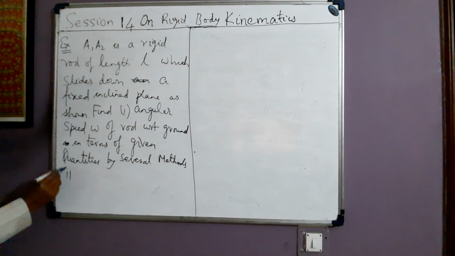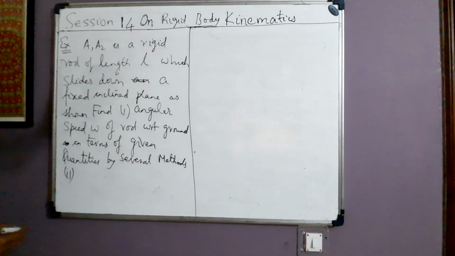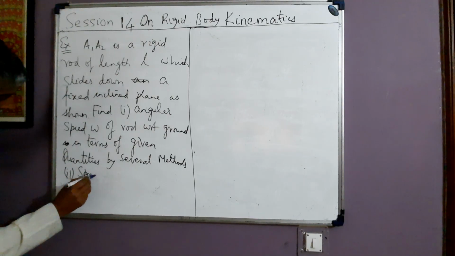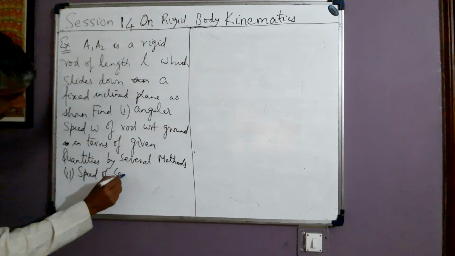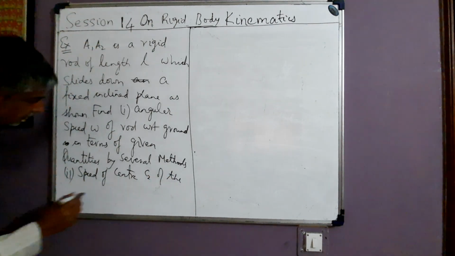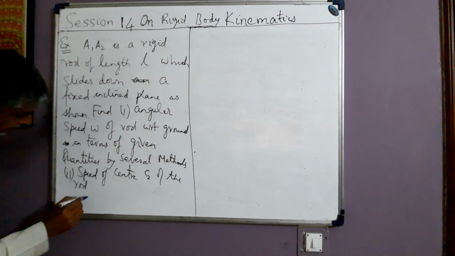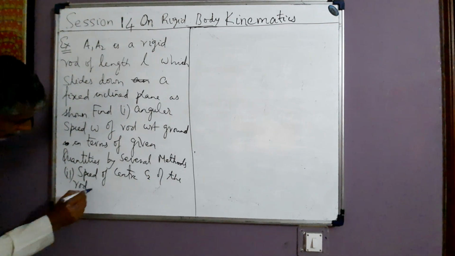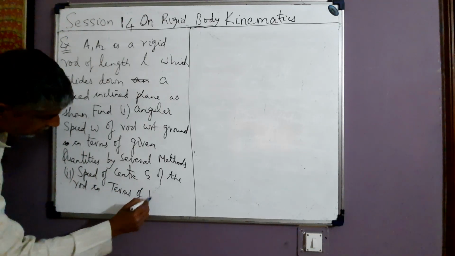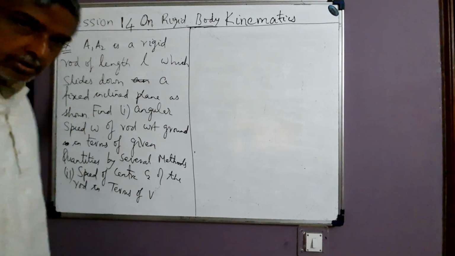And second, find the speed of center C2 of the rod in terms of V. Okay.